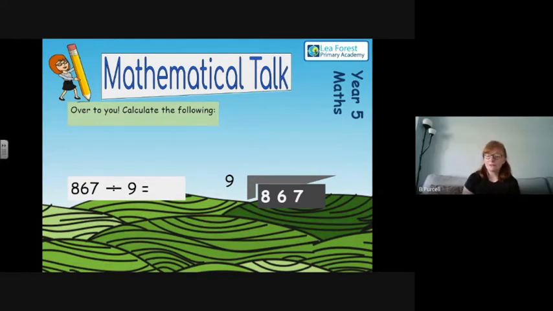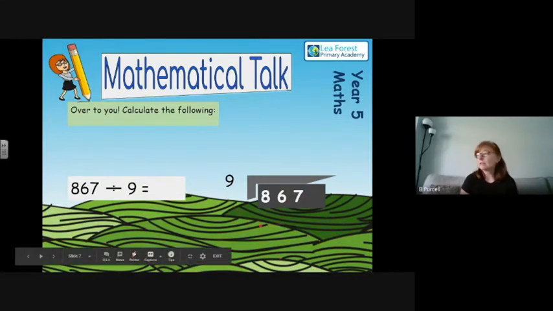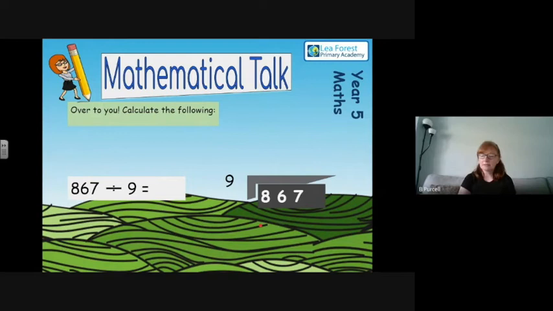Right, let's go through it together then. 8 divided by 9, I can't do that. So I am going to 0 and I'm going to carry the 8. 9's into 86. 9 nines are 81. So the difference between 81 and 86 should give me 5 to carry.